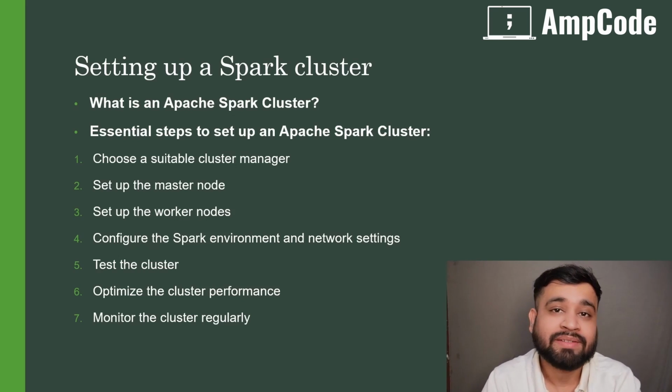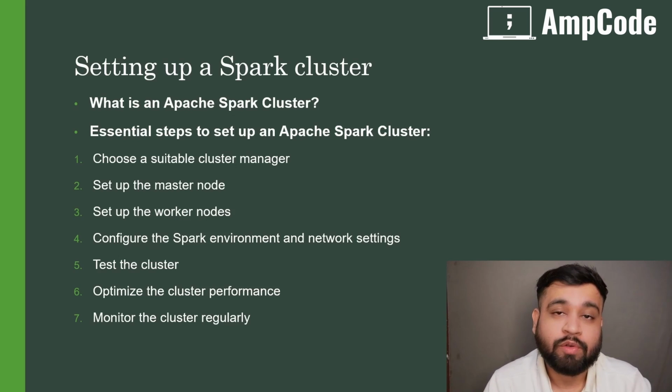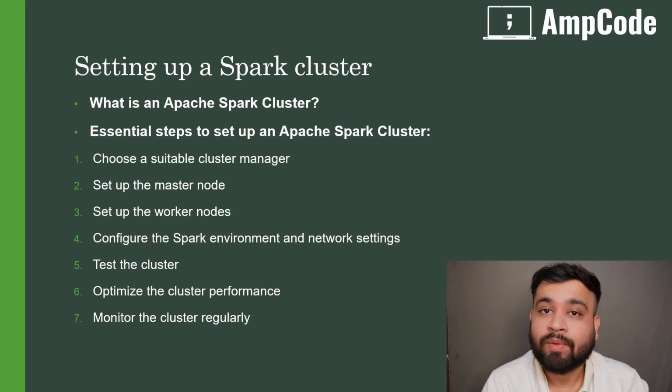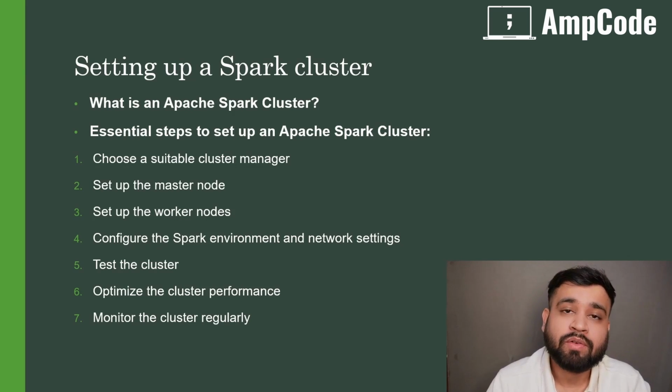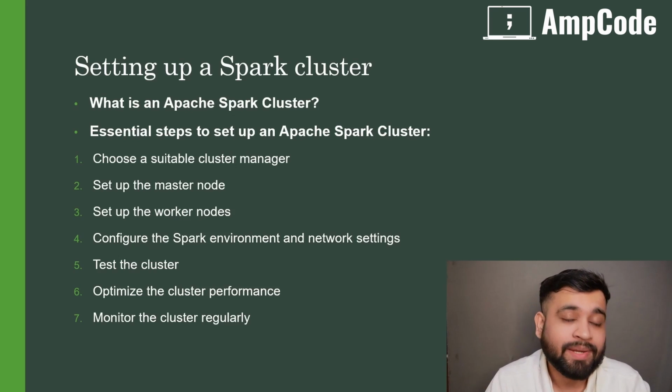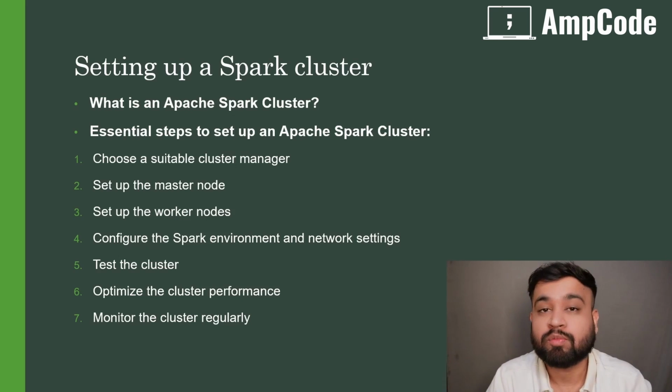Once the master node is up and running, we have to set up your worker nodes. All the worker nodes will process the data and connect in a parallel way. For worker nodes as well, the first step is to install Apache Spark on all the available worker nodes. Once you have installed Apache Spark, you have to repeat the process of updating the configuration, but you have to apply the master configuration on all the worker nodes in your Spark cluster.